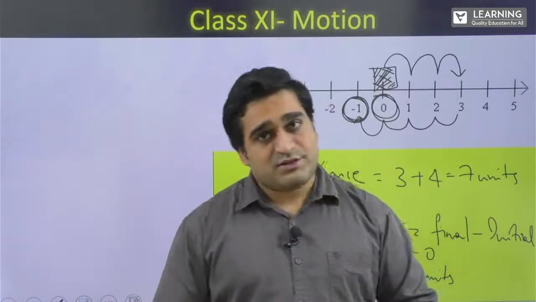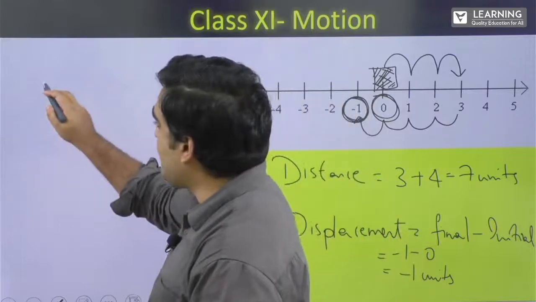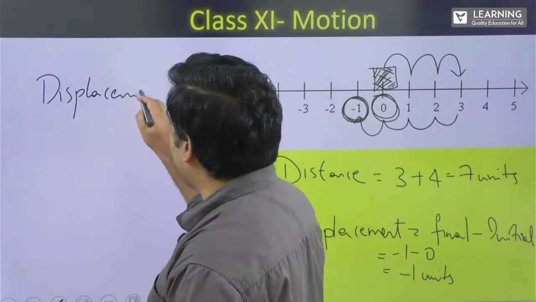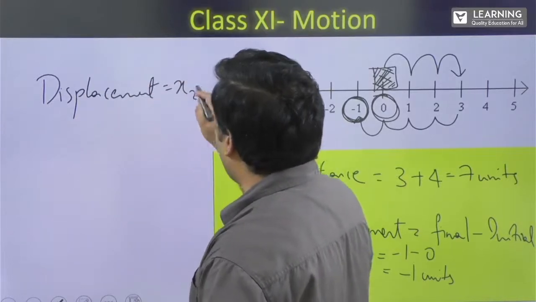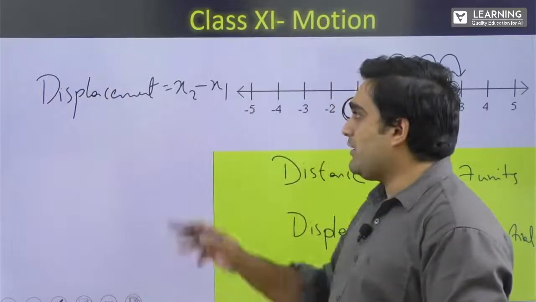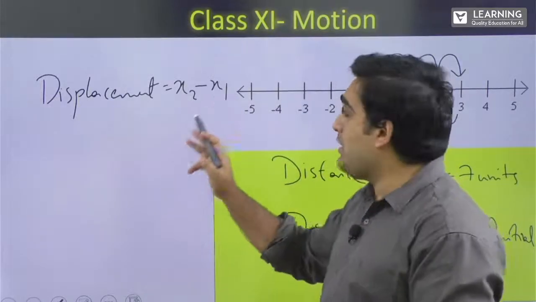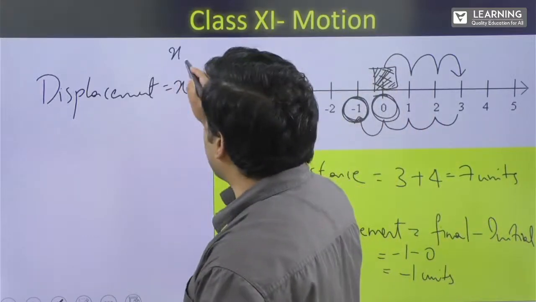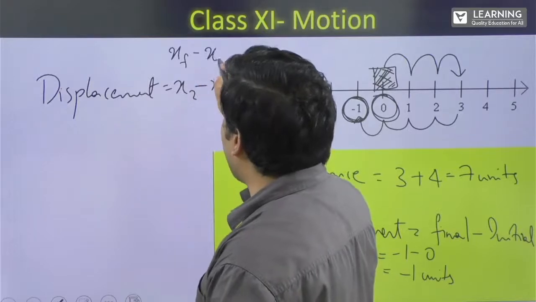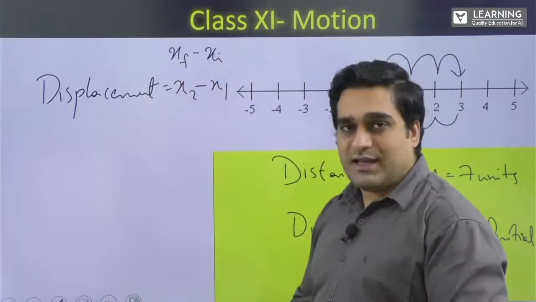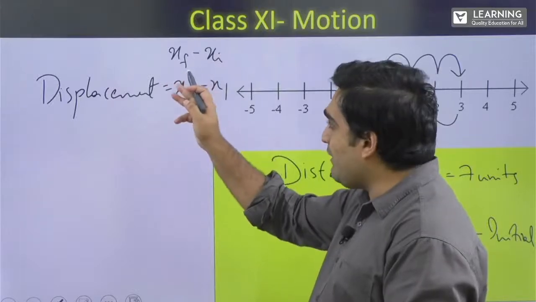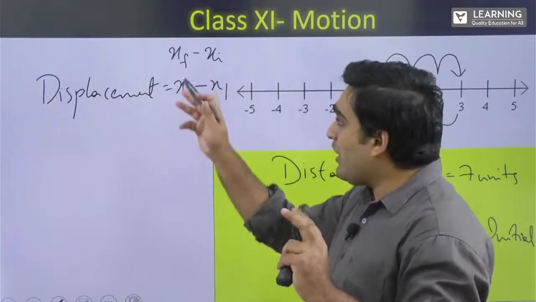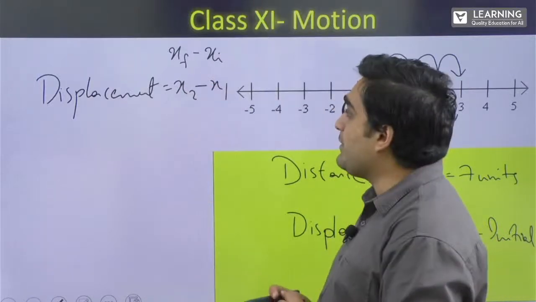So in your textbooks, the displacement is usually given as x2 minus x1. x2 being the final point minus x1 being the initial point. Or sometimes they may also write it as xf minus xi, x suffix f minus x suffix i. So this is also how it may be given in your textbook.